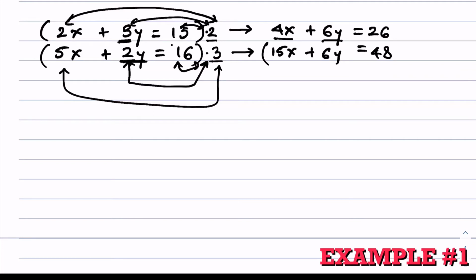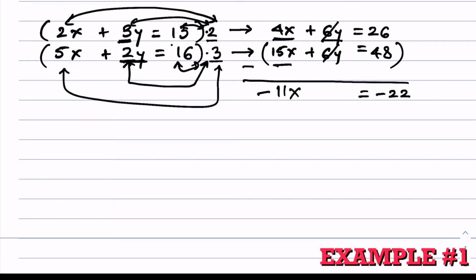It's just a matter of subtracting the second equation from the first equation, and then we get 6y minus 6y, which is 0y, essentially removing the variable y. Starting from the left side, 4x minus 15x gives me minus 11x. 6y minus 6y cancels out, and 26 minus 48 is minus 22.